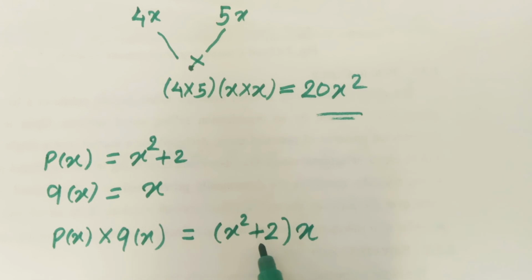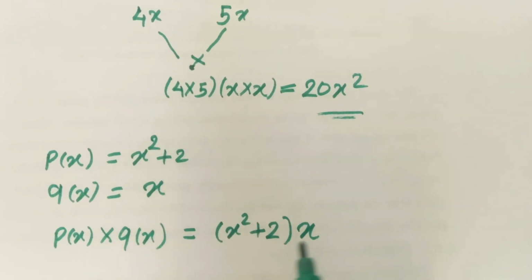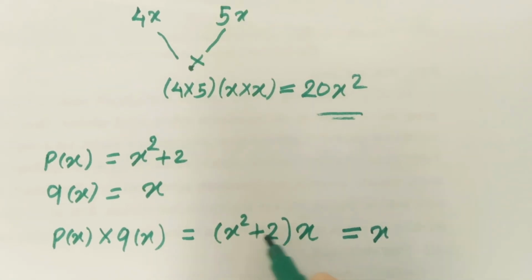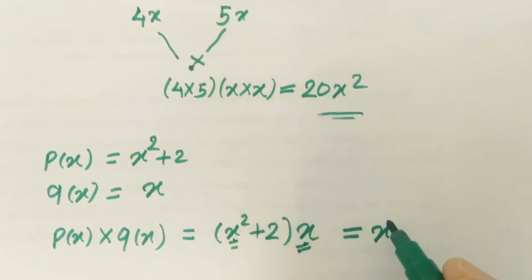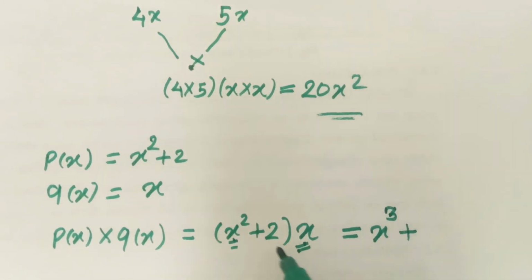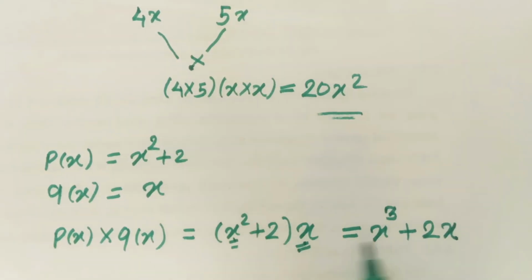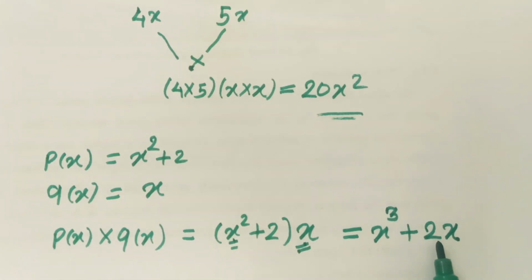You have to multiply this term into the bracket and simplify. Here x square into x is variable into variable, so you add the powers if the variables are the same. The power addition gives x cubed, plus 2 into x, that is constant into variable, twice x.